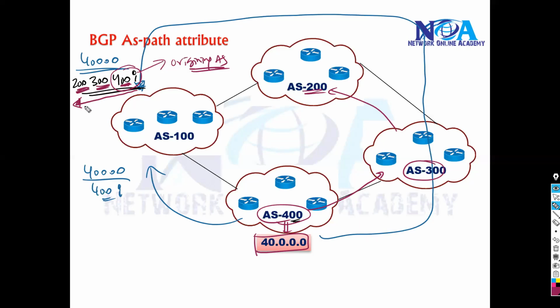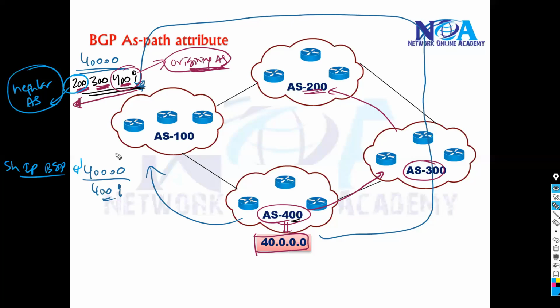So if you see back to front, you will see it's originating from this AS and coming to my neighbor AS. And whatever the first number you see, whenever you see the AS number information by using show IP BGP, we'll verify this when we get into the configuration, the first number always represents your neighbor AS.